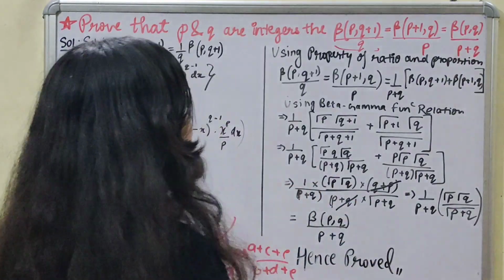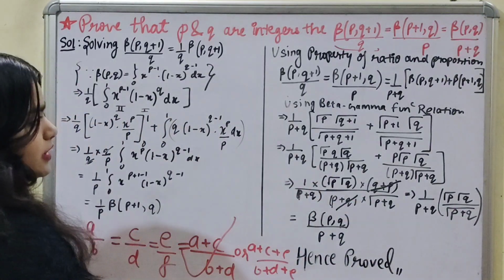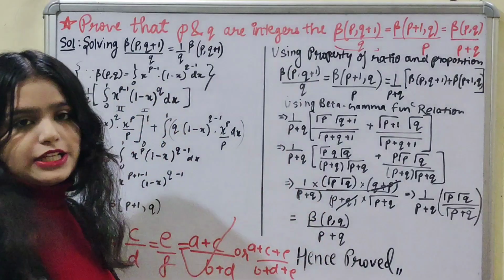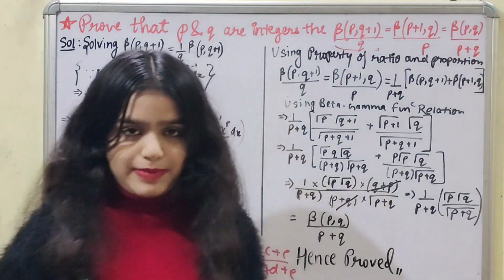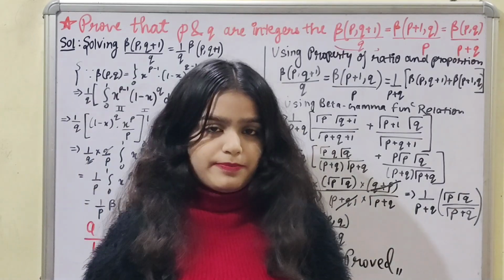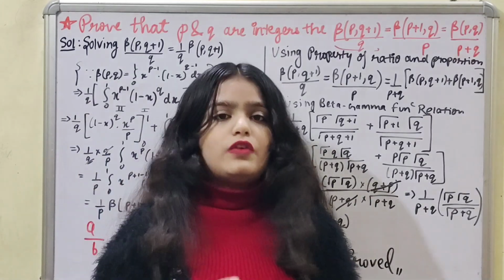Now again we are using the beta and gamma function relation, which is beta of m comma n is equal to gamma m into gamma n upon gamma of m plus n.